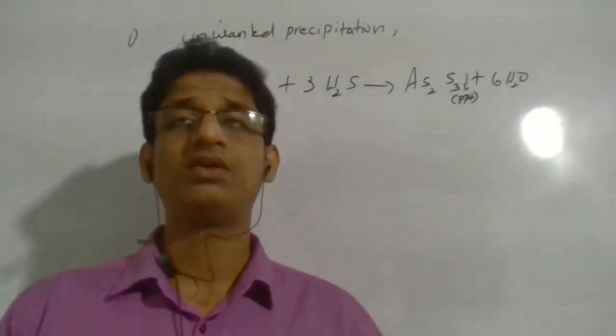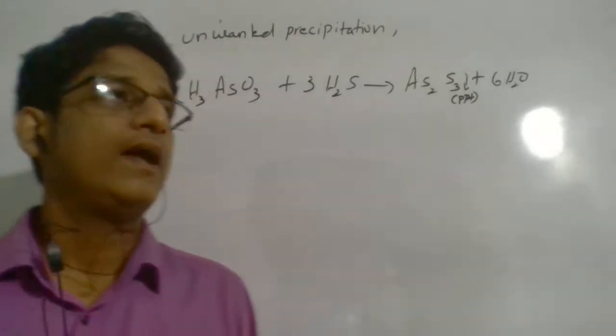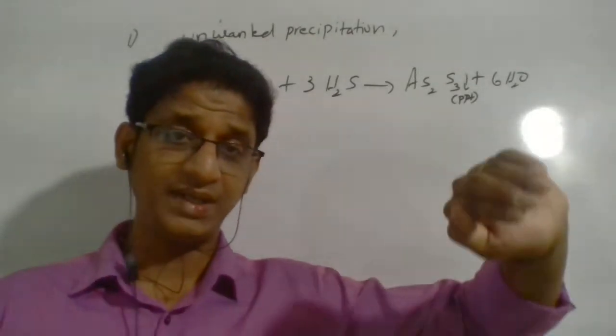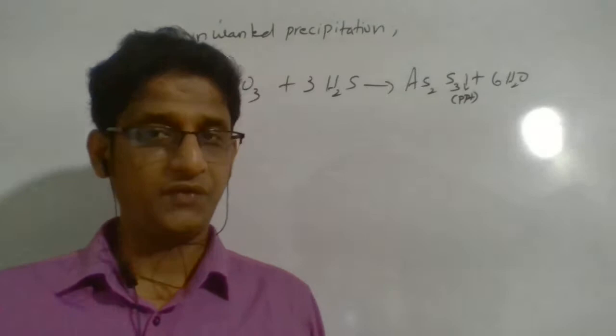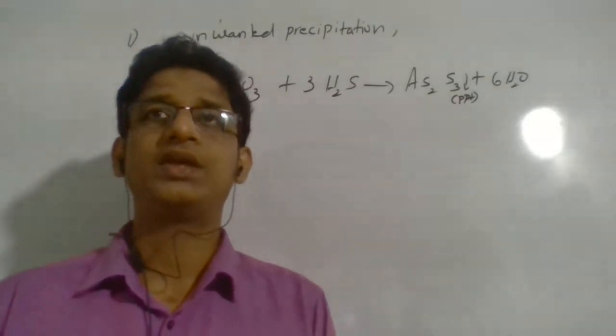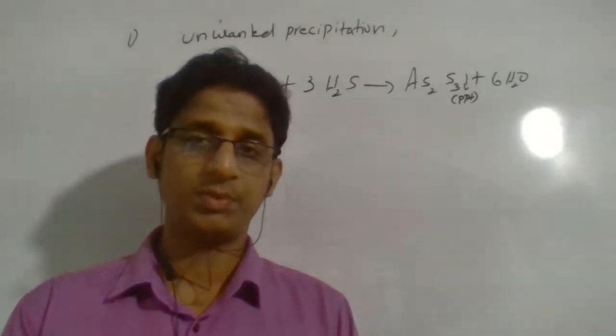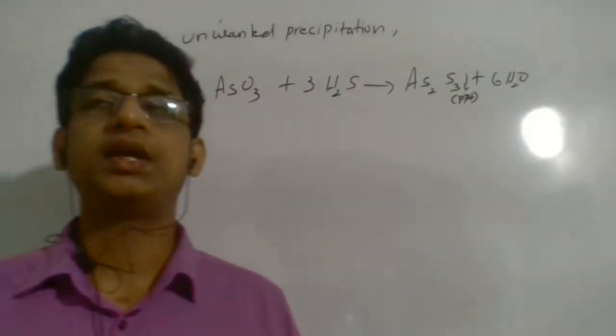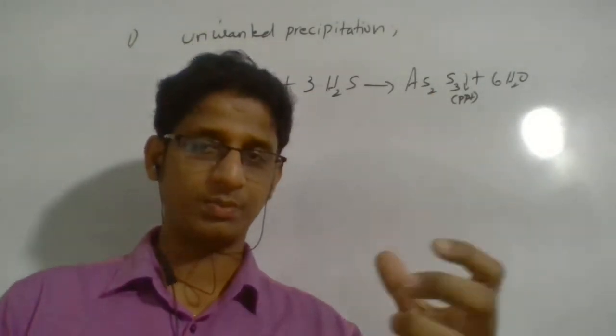So the best thing we can do, there are two ways you can think. One, you have to eliminate these interfering anions. During the mixture analysis, there are normally 2 anions and 2 cations given. So the 2 anions you identify first. That's the normal scheme of analysis.